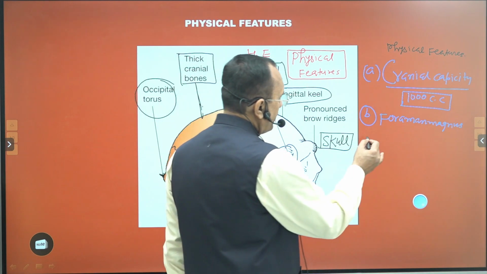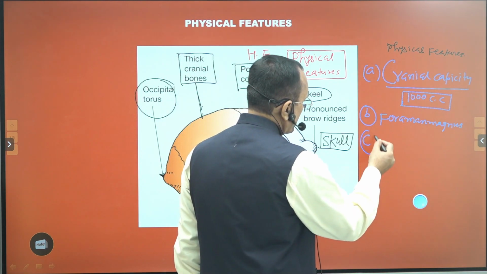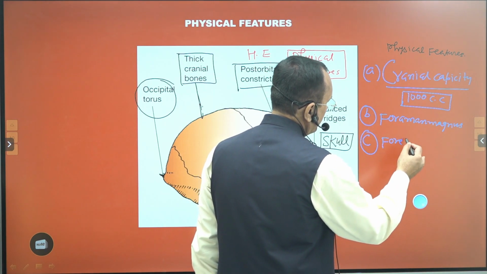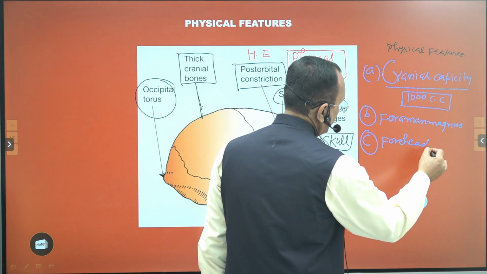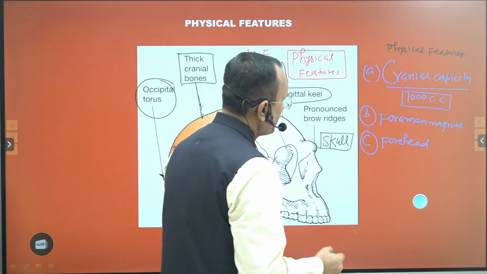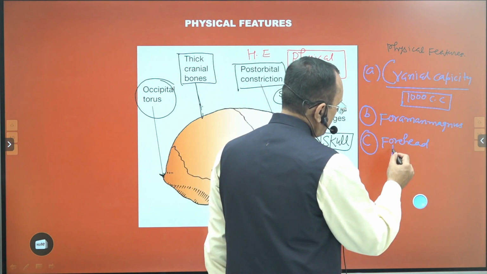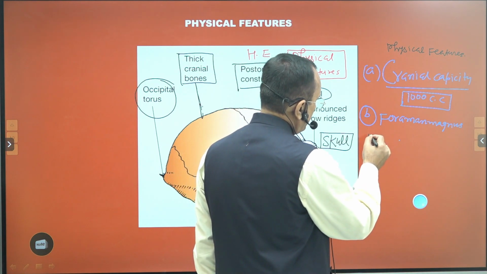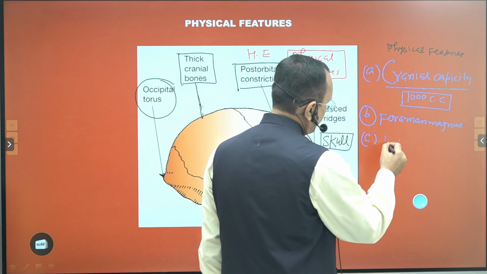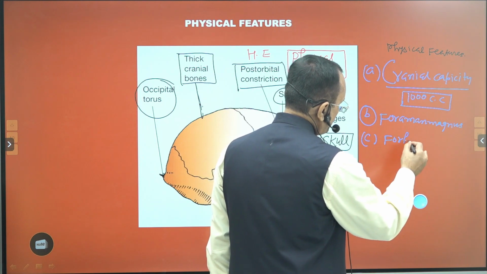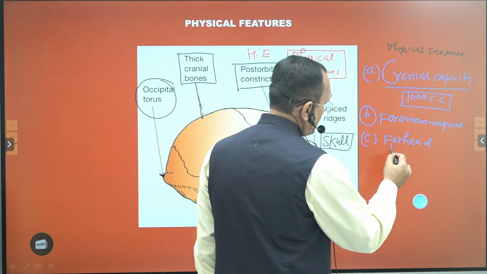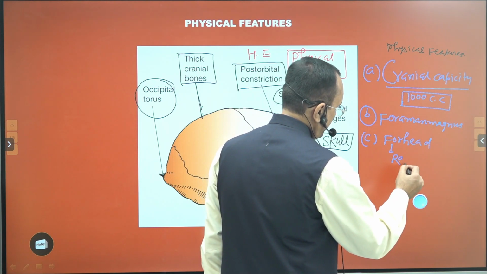And then you have to talk about its forehead, right? So the forehead of Homo erectus was receding, right?